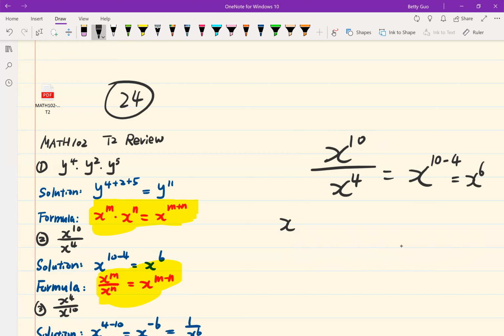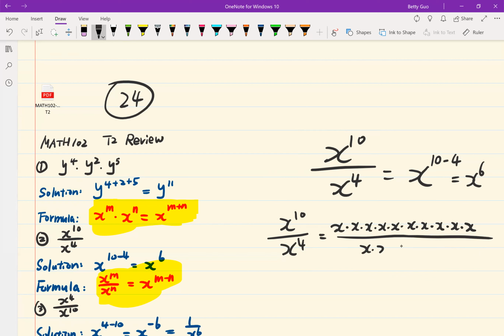Or you can look at this problem this way. Numerator, x to the power 10. So you have 1, 2, 3, 4, 5, 6, 7, 8, 9, 10 x's in the numerator. X to the power 4, 1, 2, 3, 4, 4 x's as factors in the product.